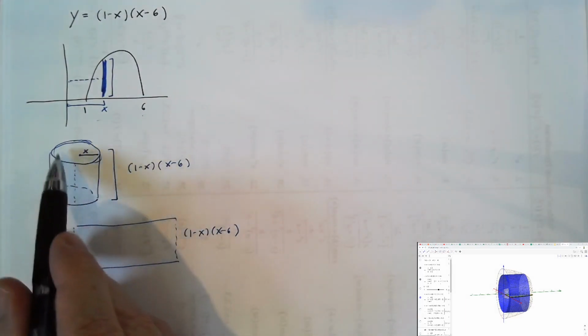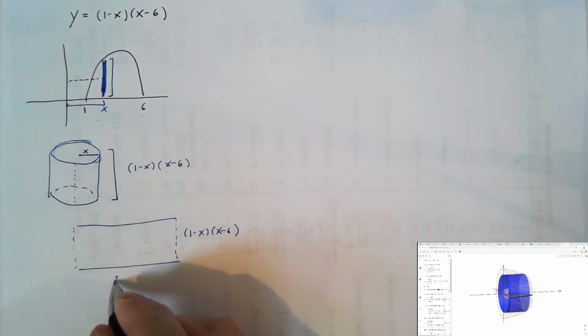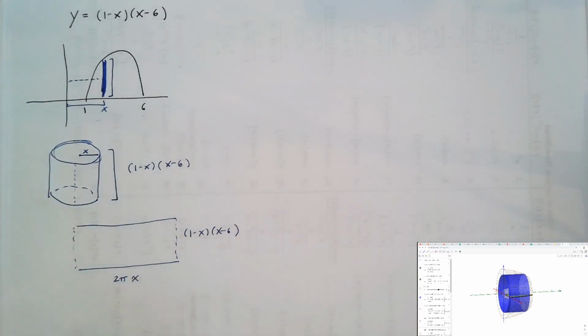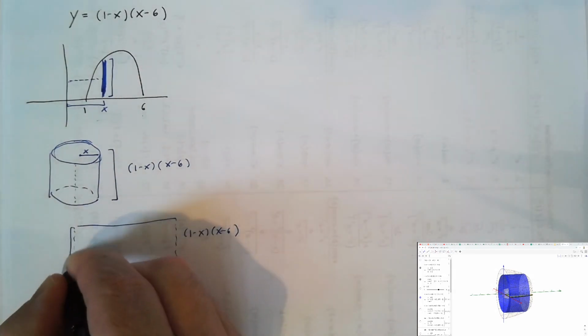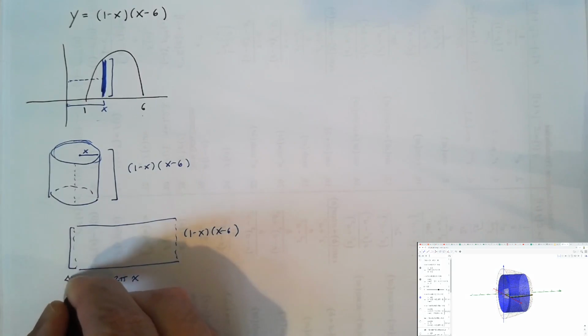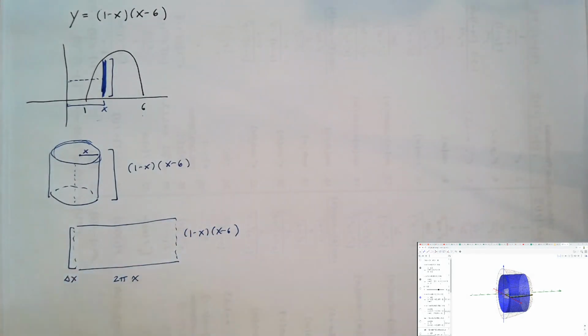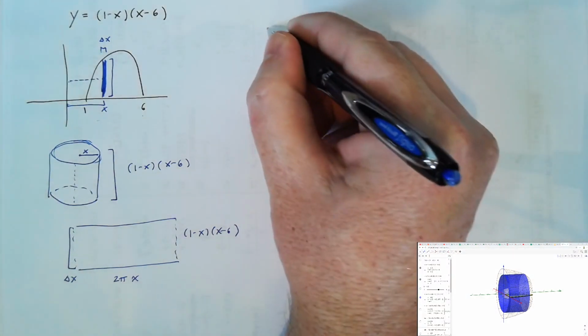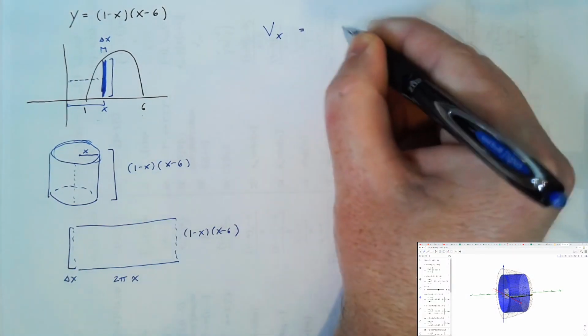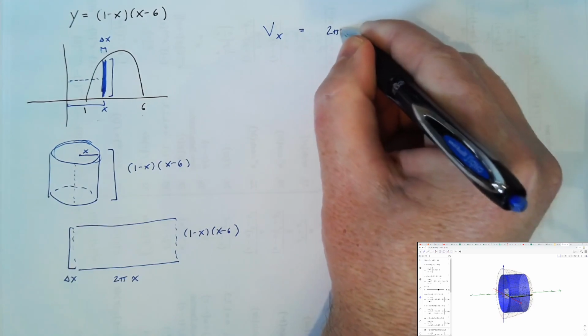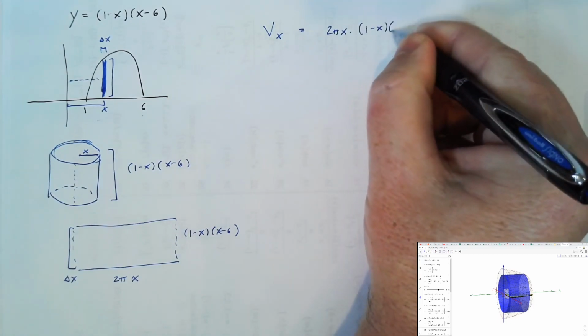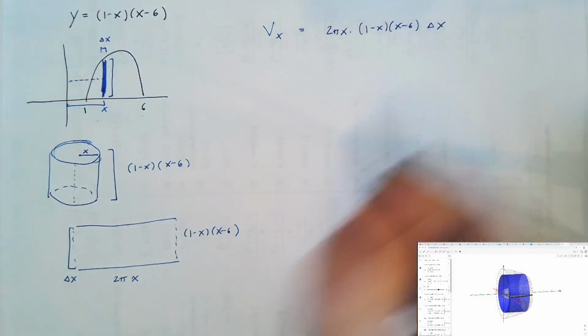So the circumference of the tube, or the base of this rectangle, would be 2 pi x. This slice, this rectangle, has a very thin width, delta x, which is the width of the slice. So if we form the volume of this little x slice, we get 2 pi x times the height of the slice times delta x.